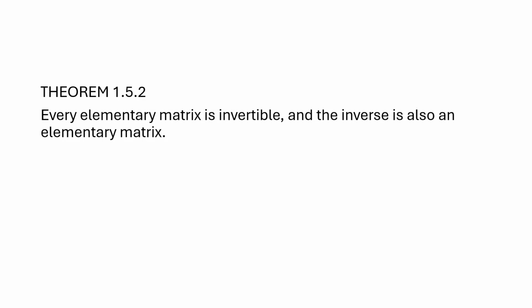From Theorem 1.5.1, and using the fact that inverse row operations cancel the effect of each other, it follows that E sub 0 times E is equal to I, and E times E sub 0 is also equal to I. Therefore, the elementary matrix E sub 0 is the inverse of the matrix E.